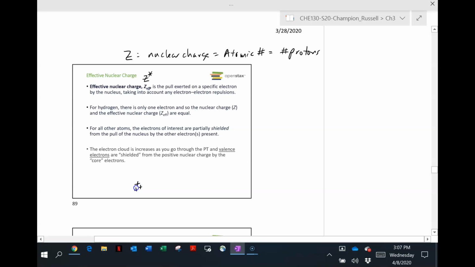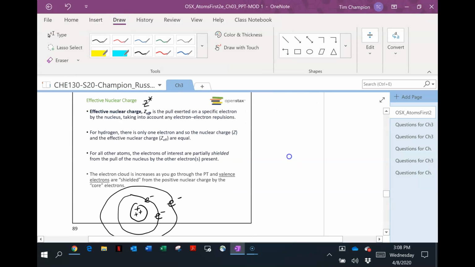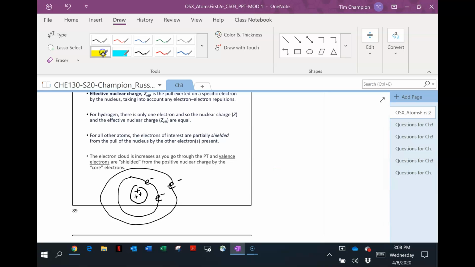So here I'm going to draw a lithium nucleus with some protons, and if we think about the energy levels, the first energy level being there, and the next energy level being out here, our outermost electron that I'm drawing in yellow, if it looks back, sees these 3 protons, but it also sees some amount of screening from those 2 electrons that I just shaded in blue.